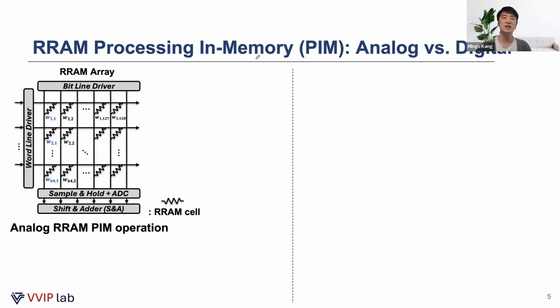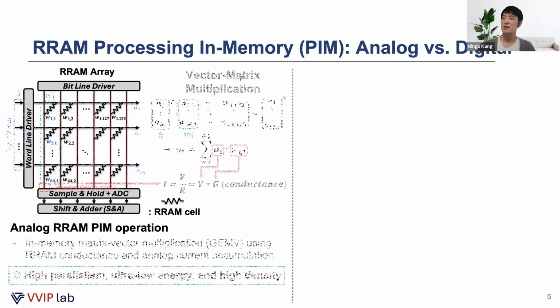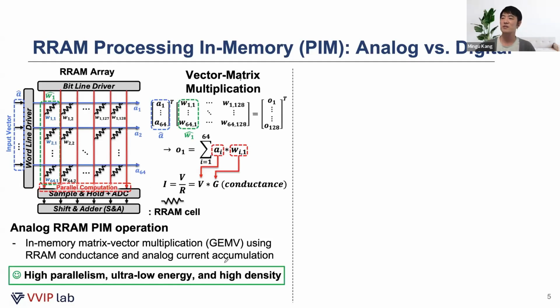However, ReRAM might be a good candidate given its multi-level cell favorability and fast read operation. Generally, I'm going to talk about GEMV operation, like general matrix and vector multiplication.